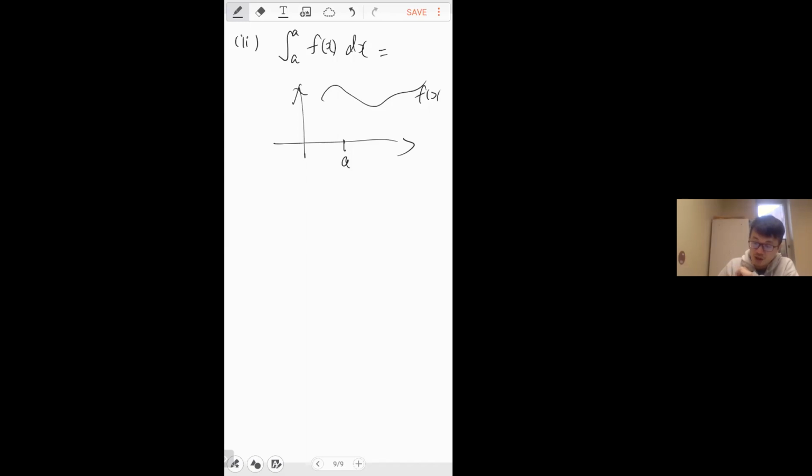Let's say this is your f of x, and we want to compute the integral of f of x from a to a. That means I want to calculate the area of this line. What is the area of a line? Does it have any width?